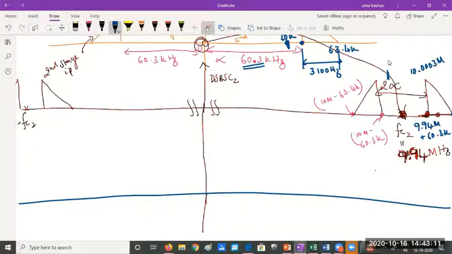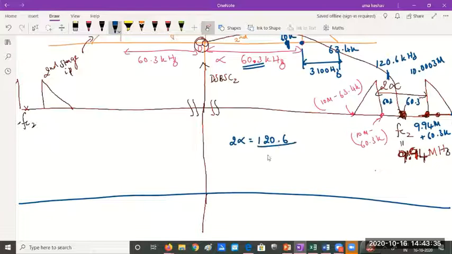It will be 120.6 kilohertz. You have got a very good separation between the two side bands of 120.6 kilohertz, right? So each side there is a shift of 60.3. This side 60.3, this side. So totally you have 120.6 kilohertz.